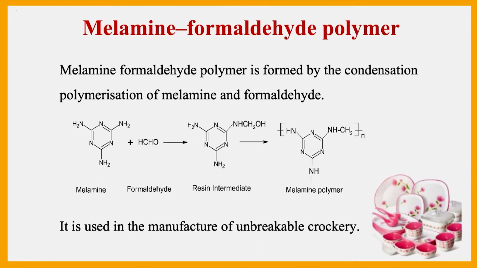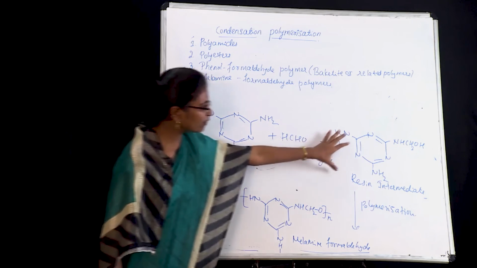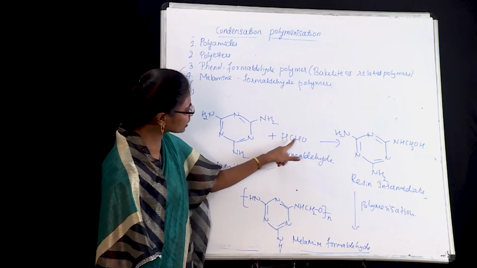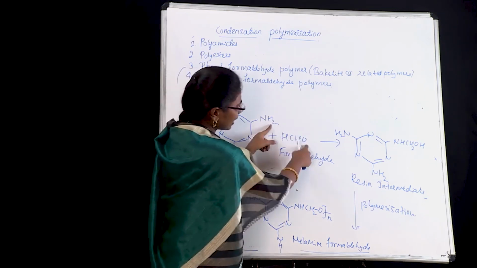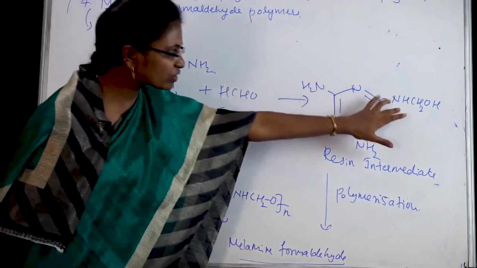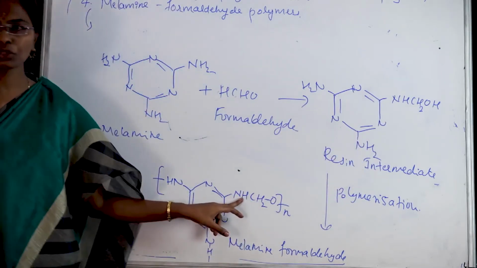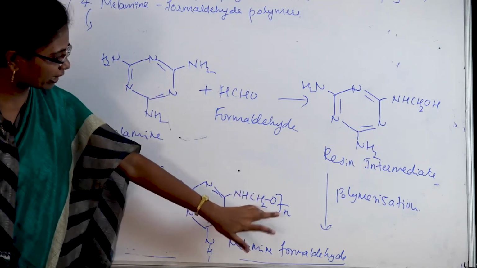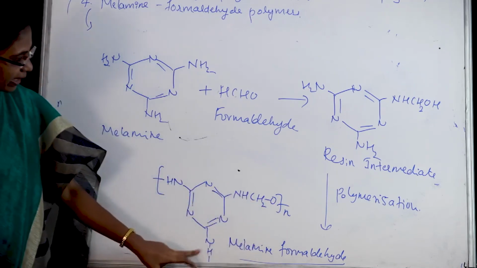So, see the reaction, this is melamine. When we react it with formaldehyde, we will get the resin intermediate. See here, formaldehyde has CHO, and here NH2 is there. So, here on NH, one H will again be attached, so it will become NHCH2OH. Next, when it is polymerized, we know in condensation polymerization small molecules are eliminated, so an H2O molecule is eliminated there. So, we will get NHCH2 and here NH and here NH.